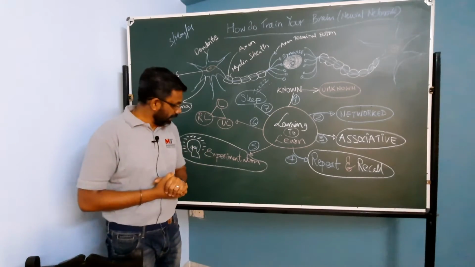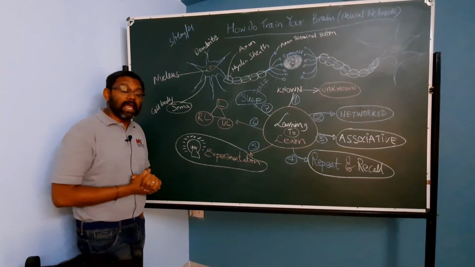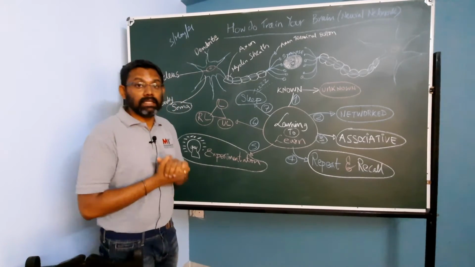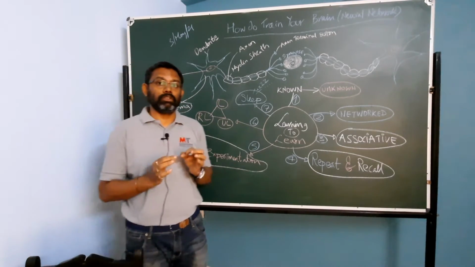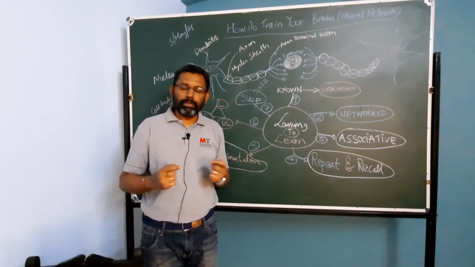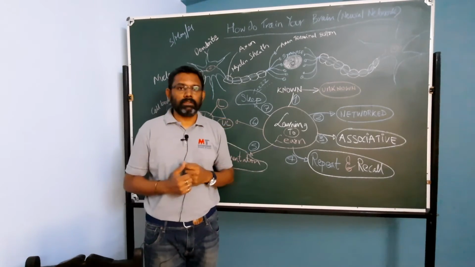Success factor number 5 is experimentation. Experimentation is extremely important to keep the brain active, keep the brain happy, keep the brain curious.